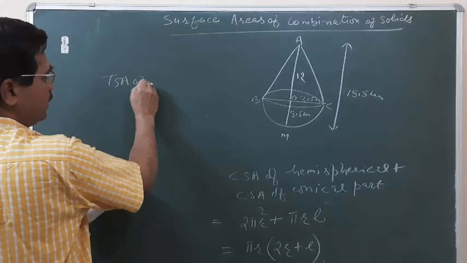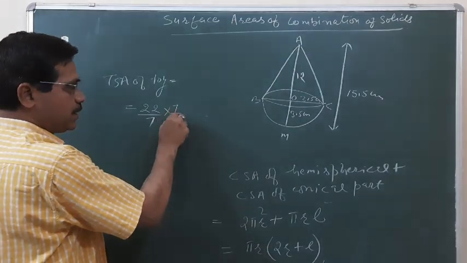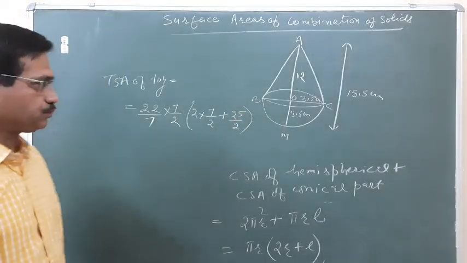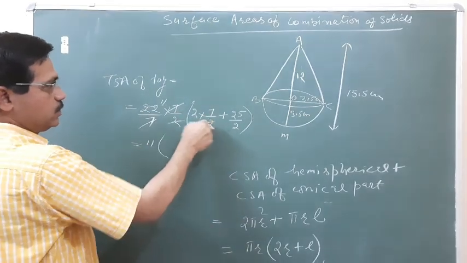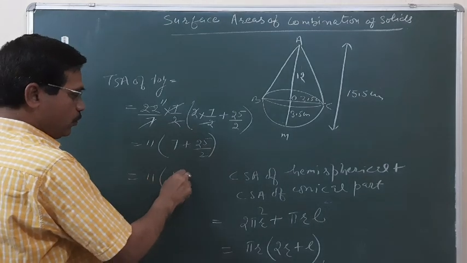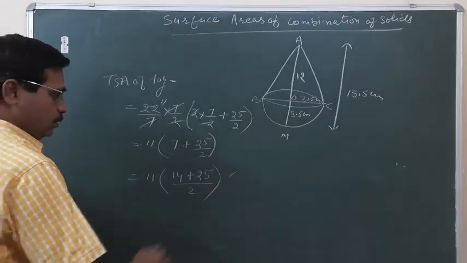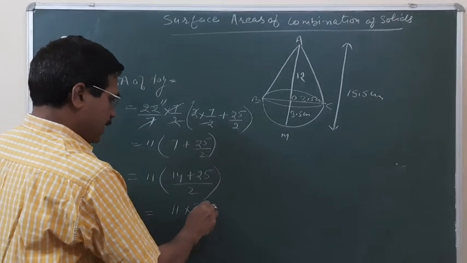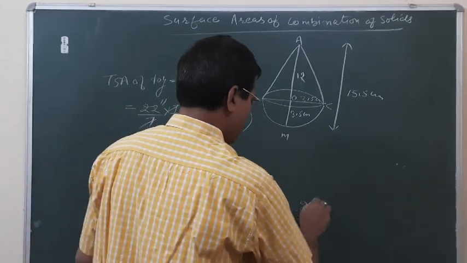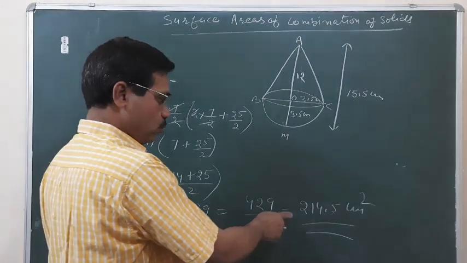Therefore total surface area of toy is equal to pi means 22 by 7, r is 7 by 2, into 2 times 7 by 2 plus l, 25 by 2. 7 cancels with 7, 2 with 22 gives 11, 2 cancels with 2, 7 plus 25 by 2, which is equal to 11 into 14 plus 25 divided by 2, which is equal to 11 into 39 divided by 2, 214.5 centimeter square.